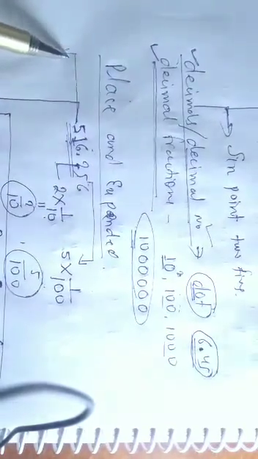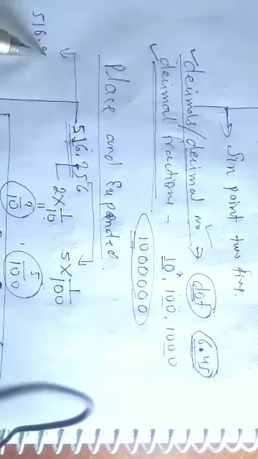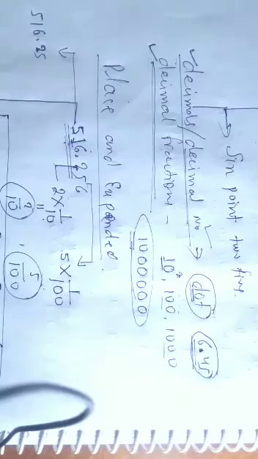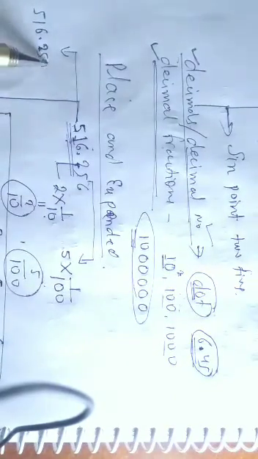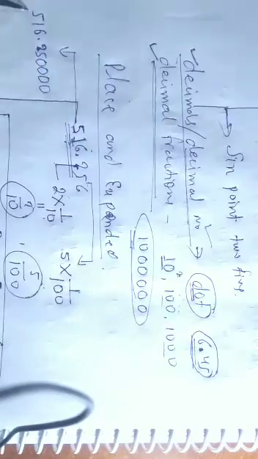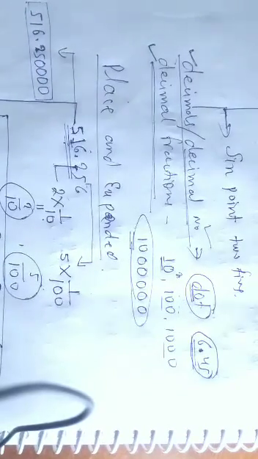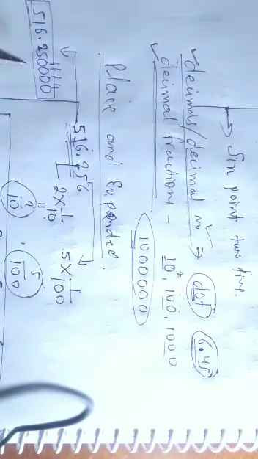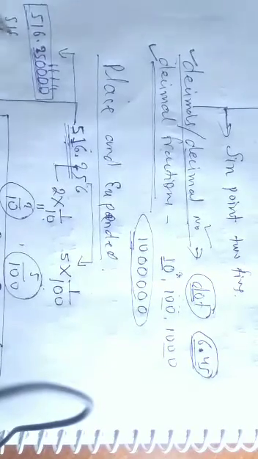Now the other concept. Suppose this is 516.25. If we add 0 on the right side, the value of this decimal number will not change, because there is no importance of this 0. But if we place the 0 on the left side, 0 0 0 2 5, then there is a great change in these two numbers.